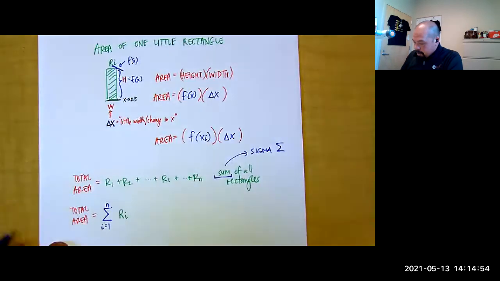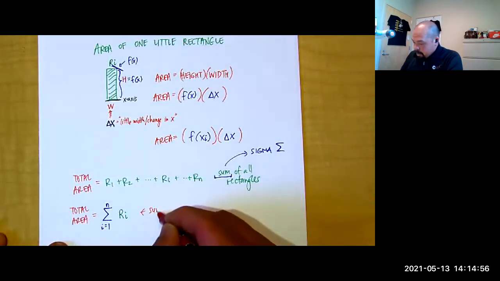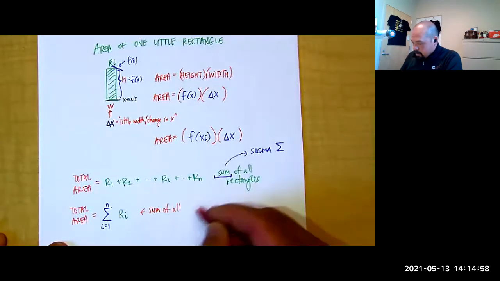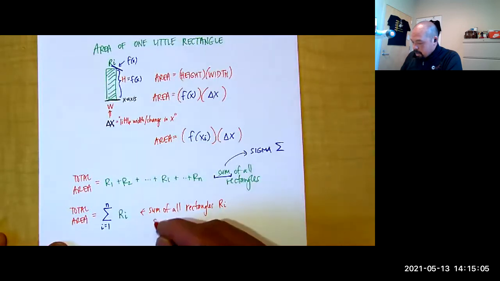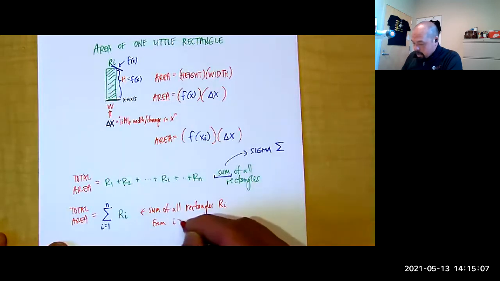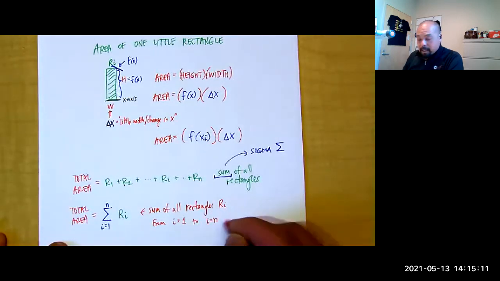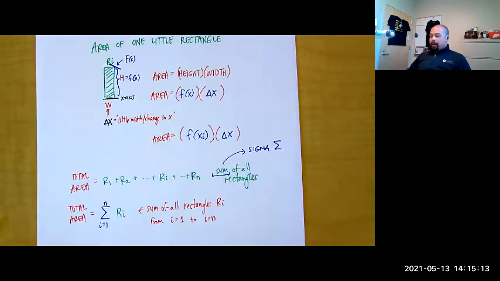Okay? So this is the sum of all rectangles r sub I from I, that index equaling 1, to I equaling n at the very end.